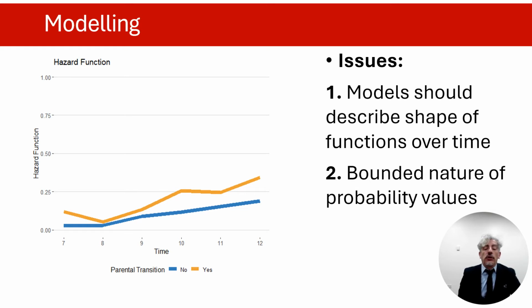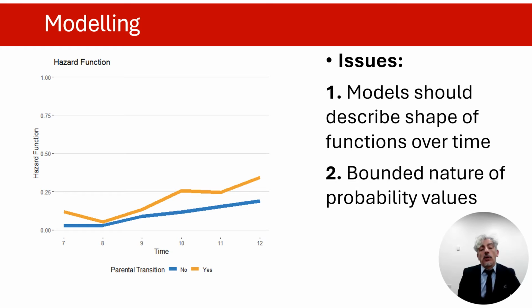The hazard function is the main estimate of interest here, since it represents the risk of event occurrence within time periods. But to model this outcome, we need to consider models that describe the shape of the whole hazard function over time, and that may be difficult because the hazard function may have different peaks and troughs.